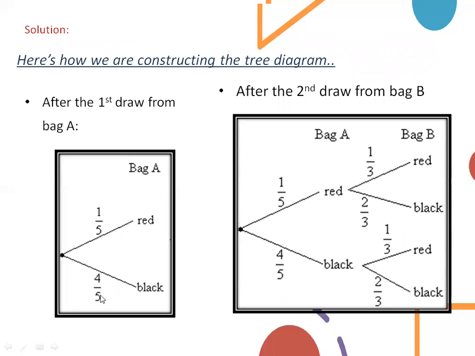You have to calculate this probability at home in your own copy. And after the second draw from bag B, what happens? Either a red or a black. These two balls can appear and the probability values are 1 by 3 and 2 by 3. You also have to calculate these probability values at home. It is your homework after seeing the video.